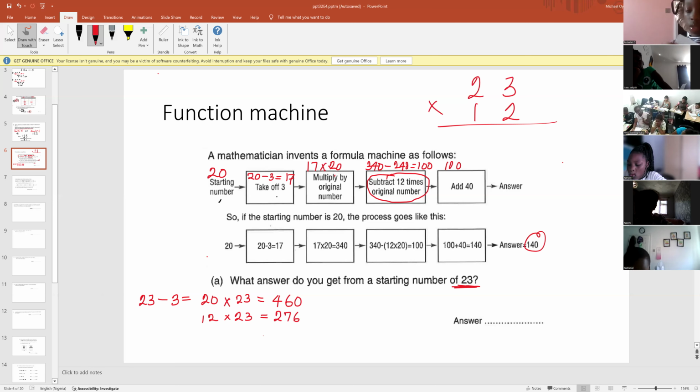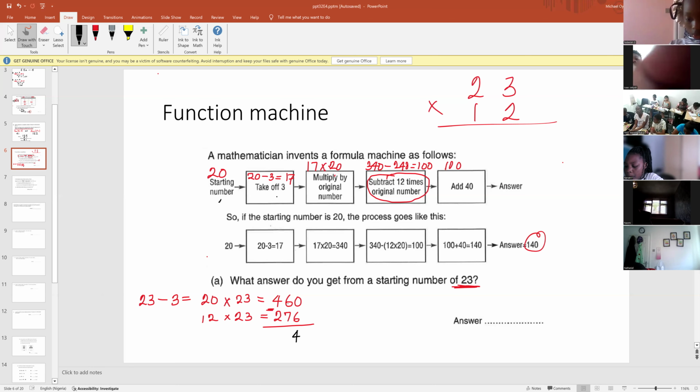All right. Now subtract. What did you get? You take away, so 460 take away 276 is left with 184. Add 40. That is 220.